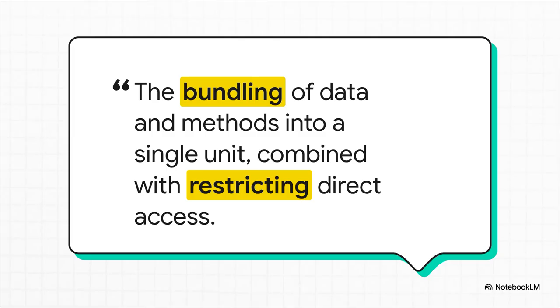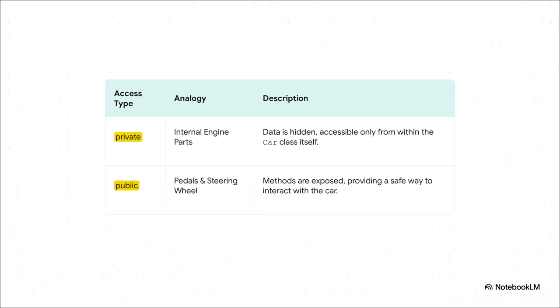And that, right there, is the whole idea behind a core OOP concept called encapsulation. It's like building a protective case around the important internal workings of your object. You bundle its data, the engine parts, together with the code that actually uses that data, and then you put up a wall to restrict who can mess with it directly. And the way we do this is actually pretty clever.